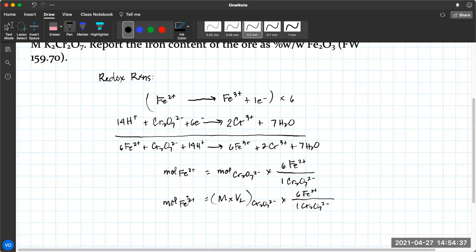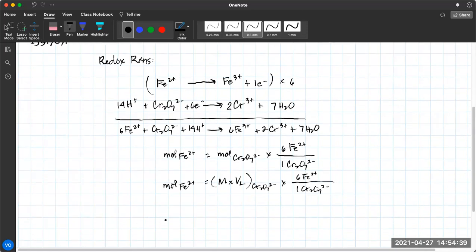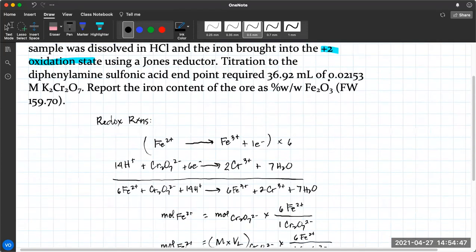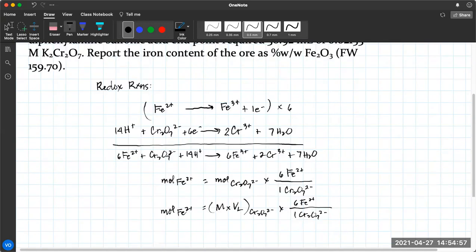Once you have the number of moles of iron 2+, then we can determine the number of moles of ferric oxide. And once you have that, you can get the weight of ferric oxide in the sample.